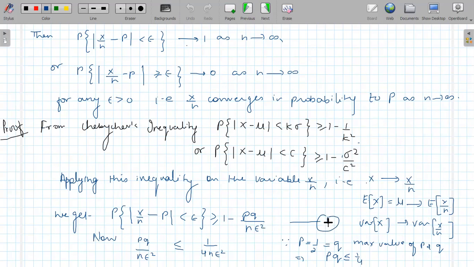Mark this as 1. What are p and q? Probability of success.